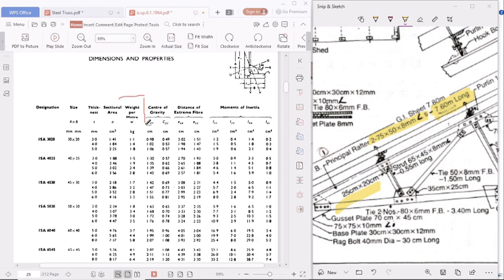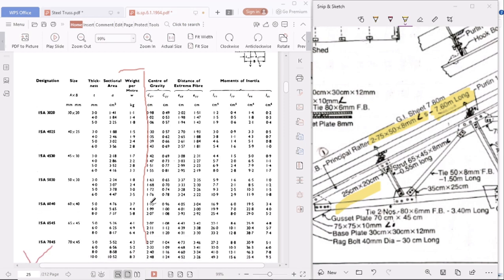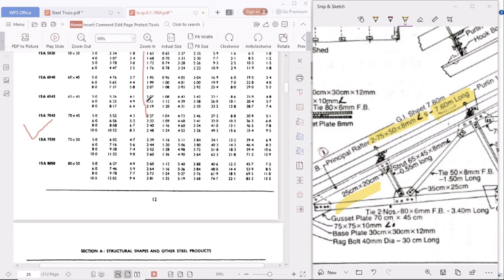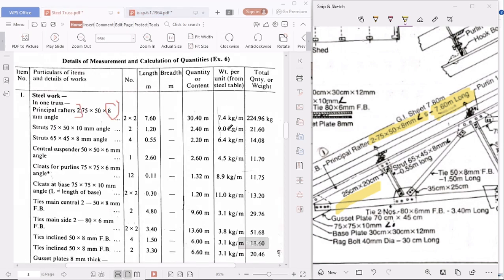This third box is the weight per unit box. Third one. So 75 into 50 into 8 mm. What is the weight per unit? 7.4 kg per meter. This is how we take from the steel table.